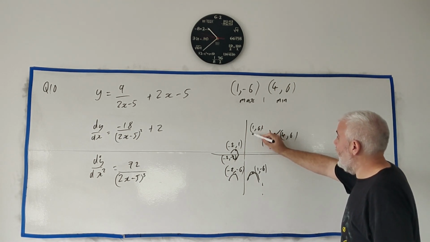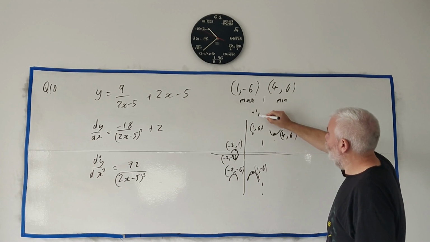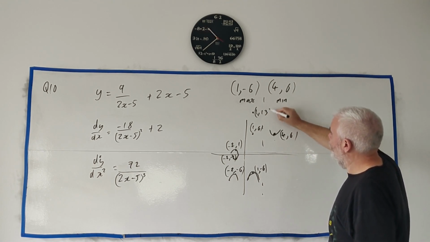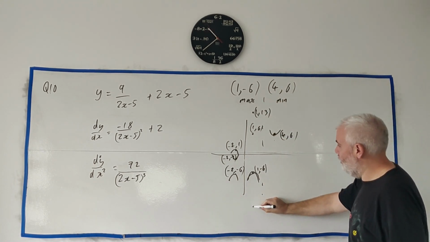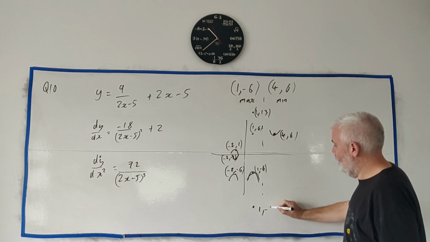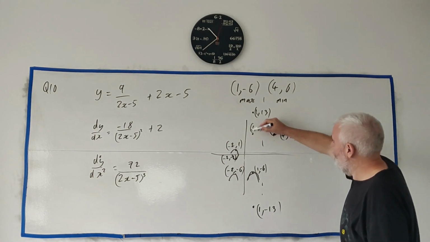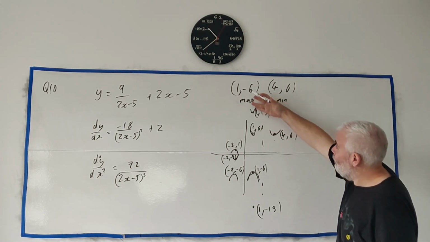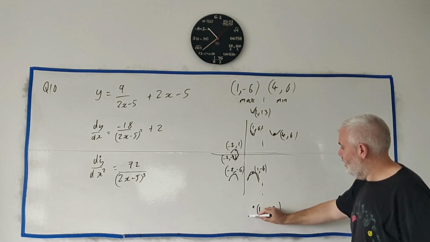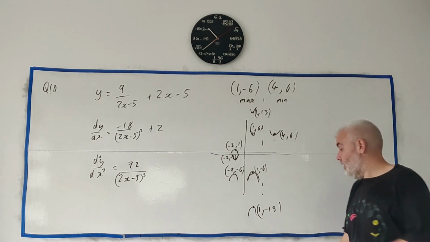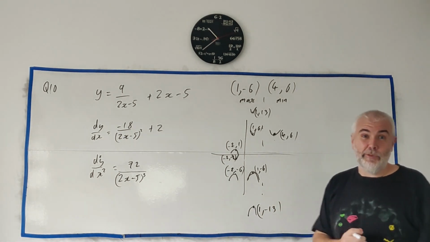If we move him up, we get to (1, 13). And if we reflect him down, we get to (1, −13). It's this point they were looking for. That's a minimum, a minimum, a minimum. But when it reflects, it got flipped upside down. It's now a maximum. That's what they want you to do.